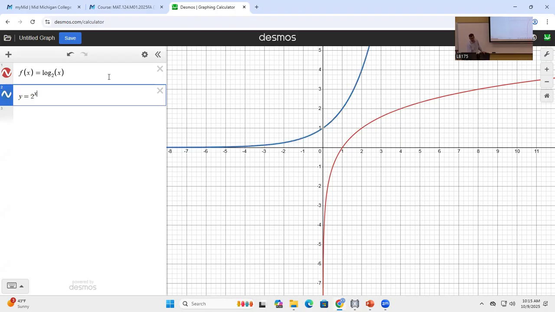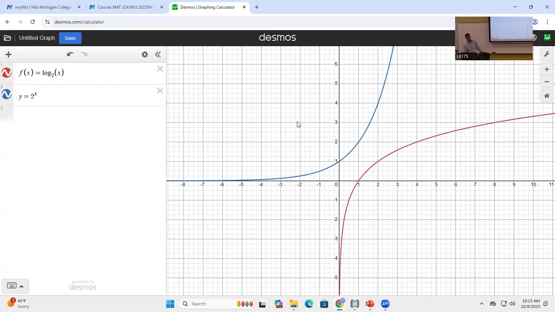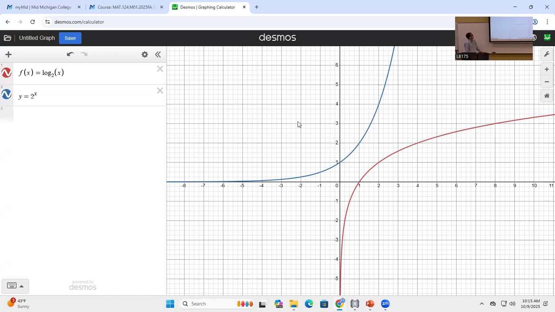Now, the reason it looks like this is because of its connection to exponents. I said logarithms undo exponentials. If you look at the graph of an exponential function, y equals 2 raised to the x power, it goes through 0, 1.